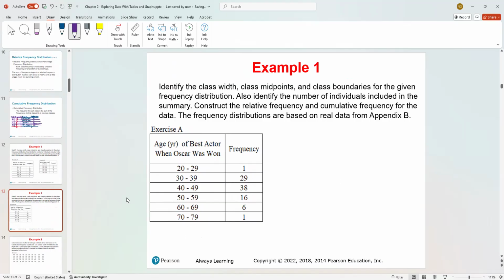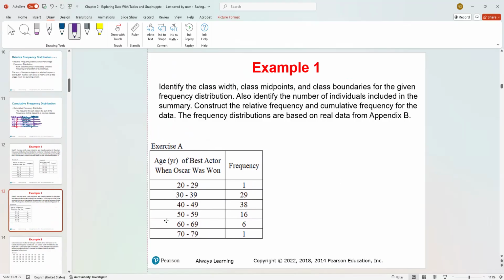What they ask you to do in these examples is identify the class width. What is the class width based on what you already learned? For class width, you need to subtract two consecutive lower limits or two consecutive upper limits. Either one, you can do it.